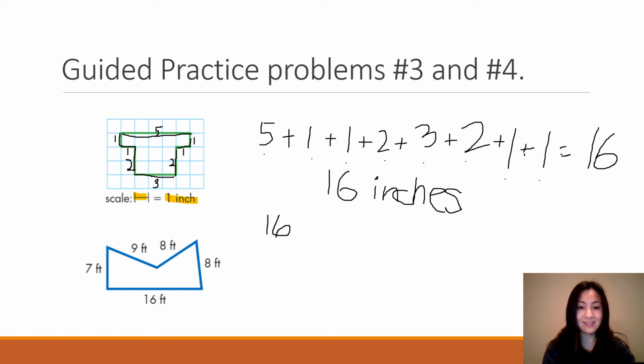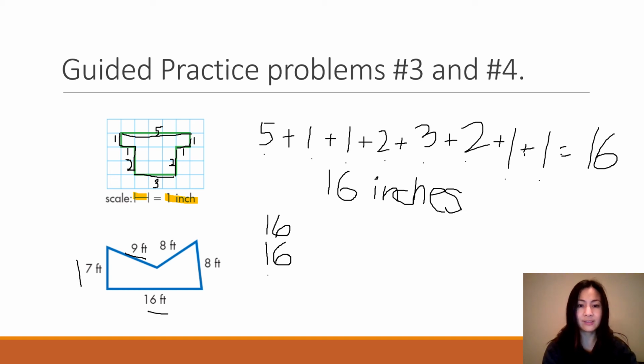That's 16. So I'll write down another 16 right here. So far we've taken care of this side, and this side. Okay, we have 8 plus 8 is also 16.